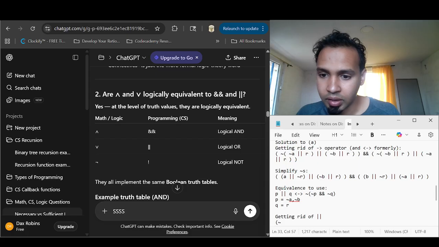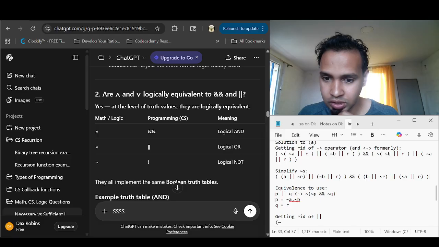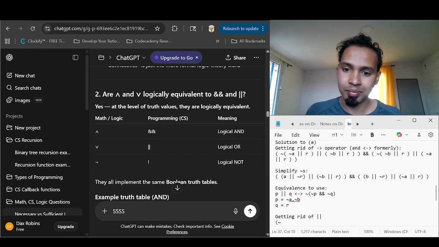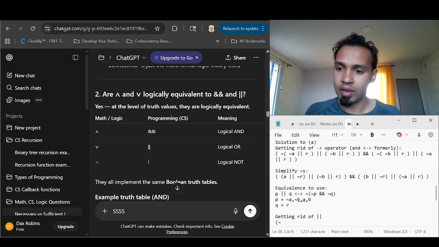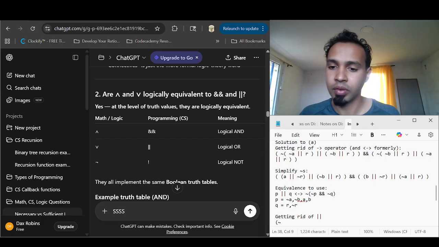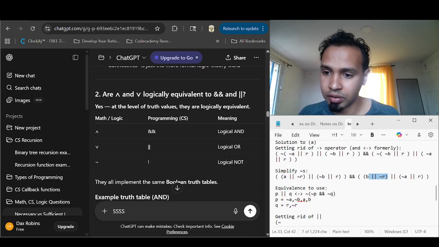Okay. And so yeah, that actually sort of changes it. Now we have P equals not A, not B, or A or B, and then Q can equal R or not R. And it kind of depends on which example we're using, because all four examples are technically different, right?